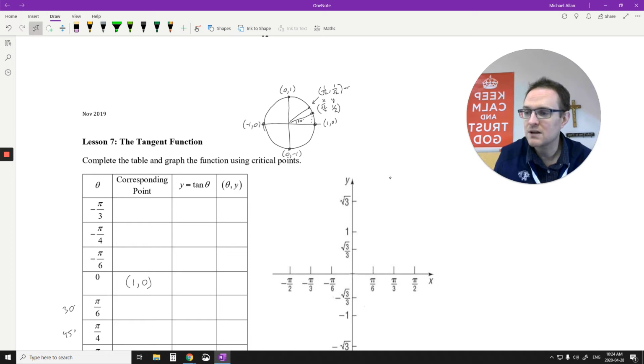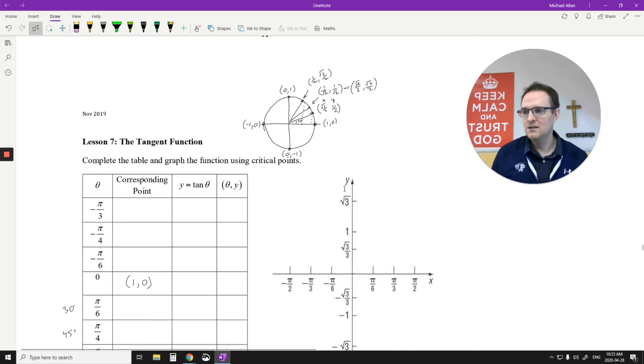And then at 60 degrees, now the longer side is the y value, so they switch here. So this becomes 1/2, root 3 over 2.